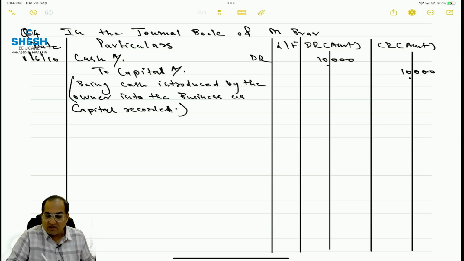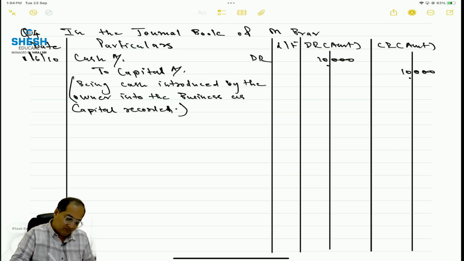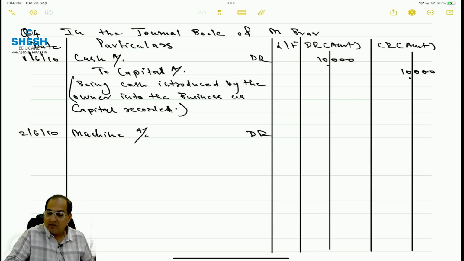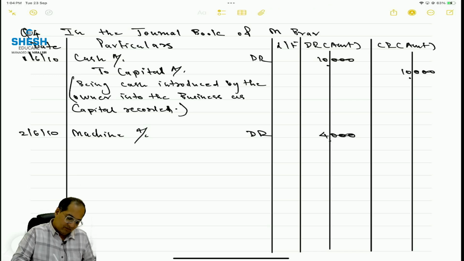So my journal entry would be on 2nd June: Machine account debit, what comes in. What is the value of the machine? 4,000, to capital account 4,000.